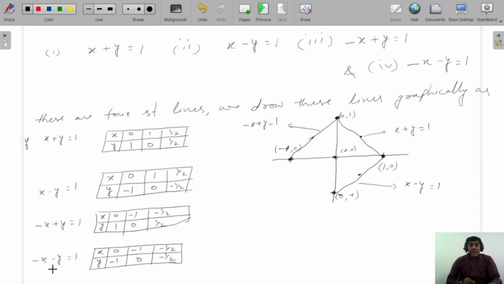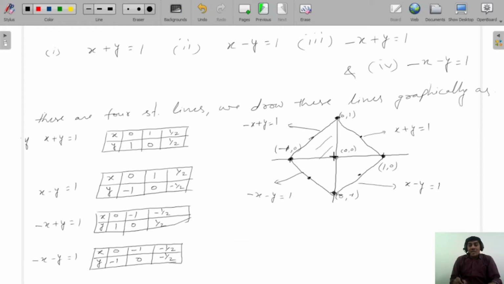And in the fourth, minus x minus y is equal to 1, when x is 0, y is minus 1 is this point, x is minus 1, y is 0 is this point, and x is minus 1 by 2, y is also minus 1 by 2 is this point. We join all these points. This line represents minus x minus y is equal to 1.